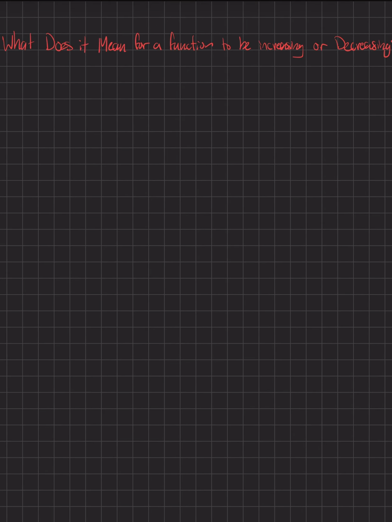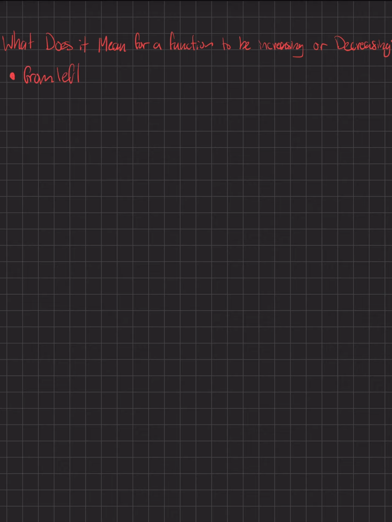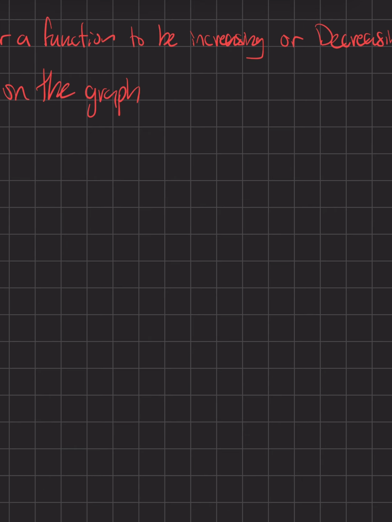So the easiest way to think about this, in my opinion, is you could say from left to right on the graph, the y value of the function is going to be increasing. So correspondingly, it looks like it's increasing.